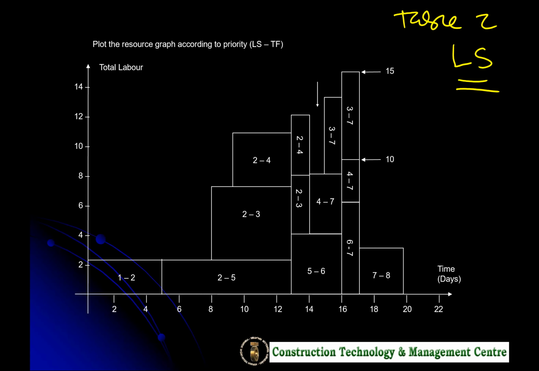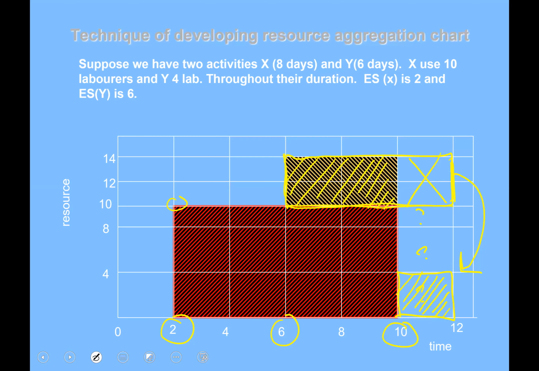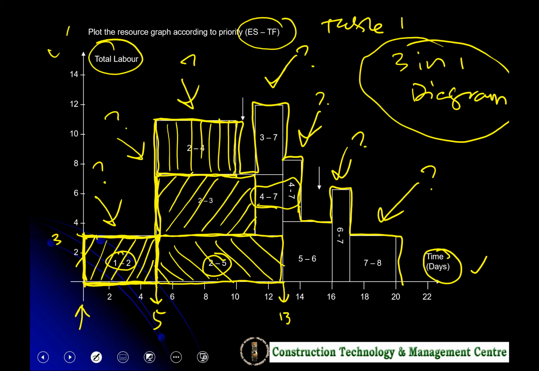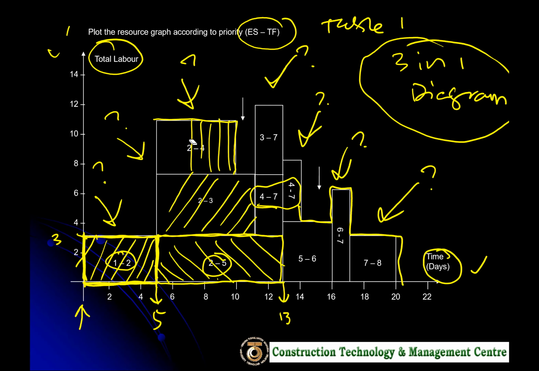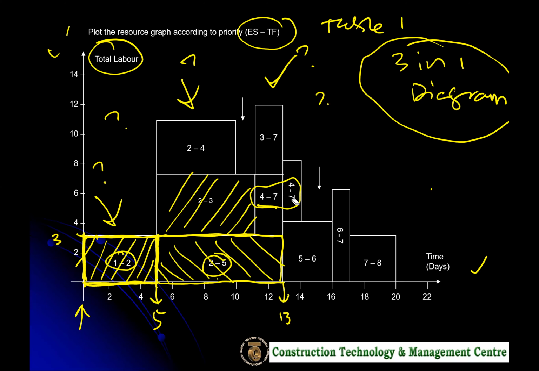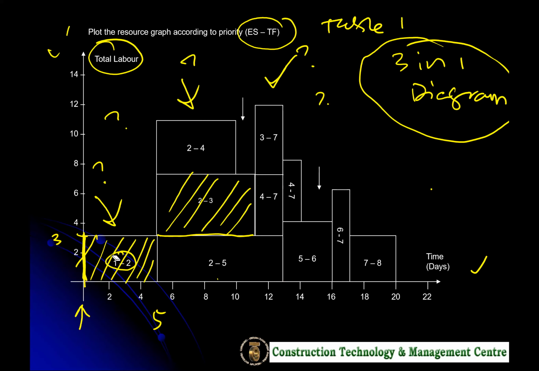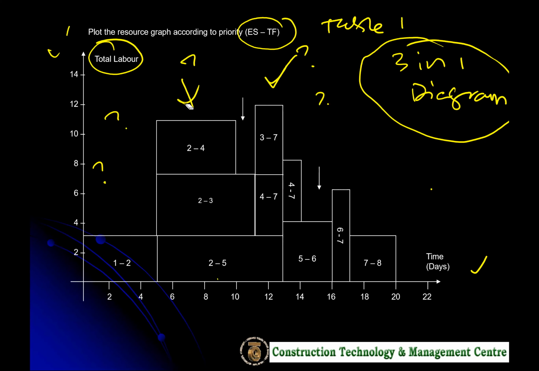And what you need to do is to make comparison. Which graph is better? Is it the graph based on early start? Okay, I need to erase this in order to be able to see which one is better looking.